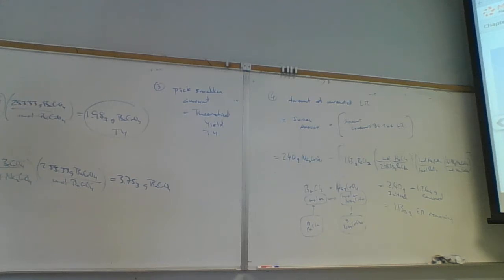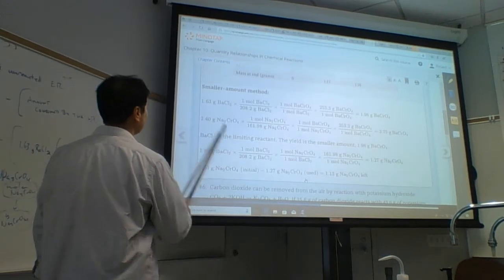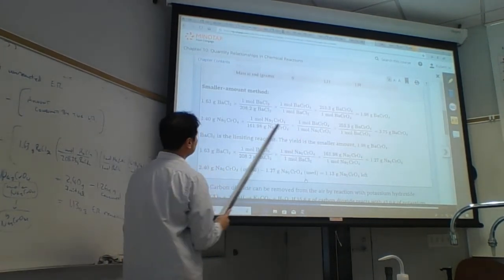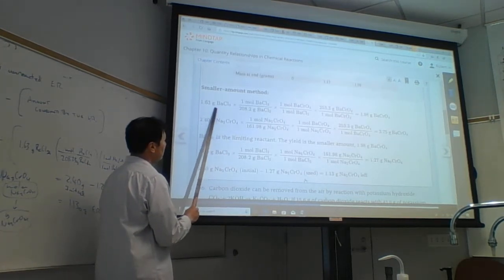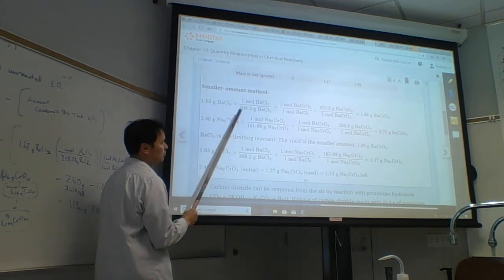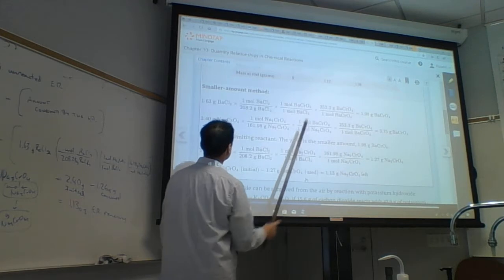Let's take a look. And so this is again what they did in this particular problem. If you look at step 1, this is called the smaller amount method. The smaller amount dictates the yield. First they calculated the amount of product that they're going to get from 1.63 grams of barium chloride, assuming they have plenty of everything else, and they came out with 1.98 grams.